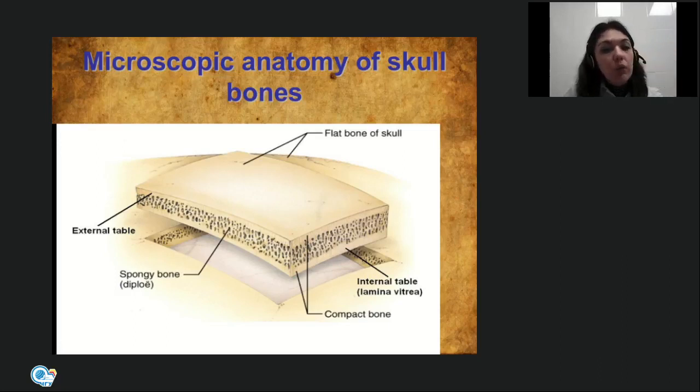Sometimes fracture of internal table will not be accompanied by fractures in the external table, and we cannot notice it. That's why in case of any traumas in the head region, X-ray is compulsory, or it's better even CT scan. Yes, CT scan is more preferable to check the integrity of this lamina vitrea.